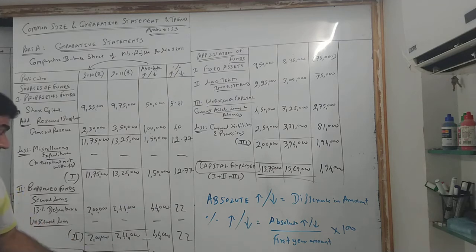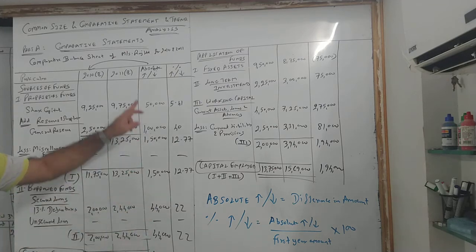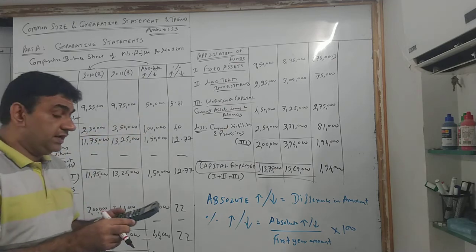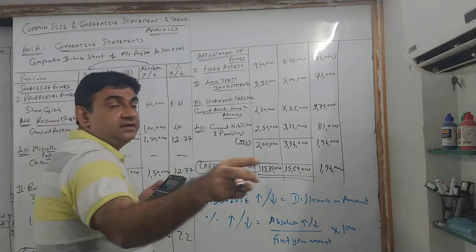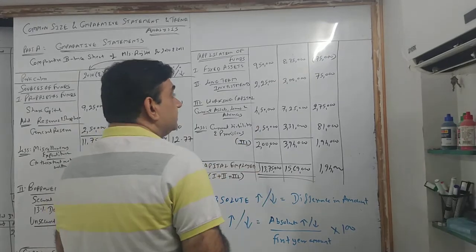Got it? Clear with this? I'll repeat again. In each line, absolute increase or decrease divided by the first year amount into 100. Now see here, whether the amount is negative or positive doesn't make a difference.